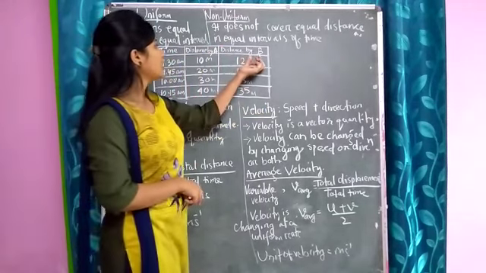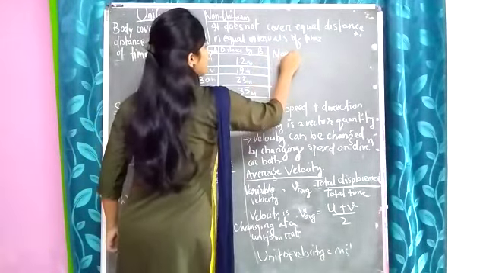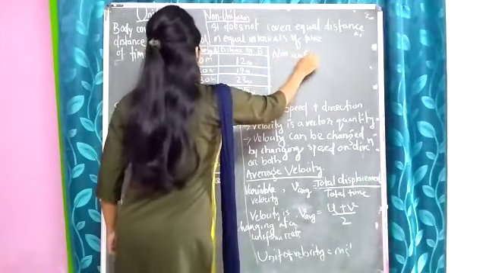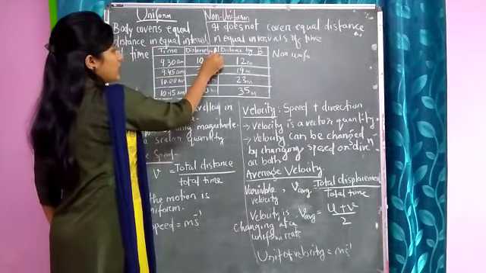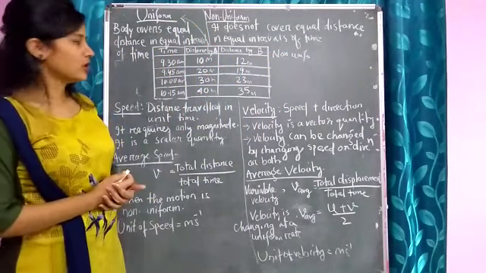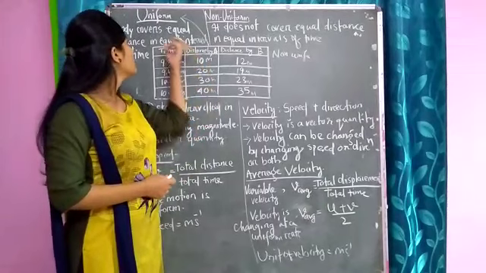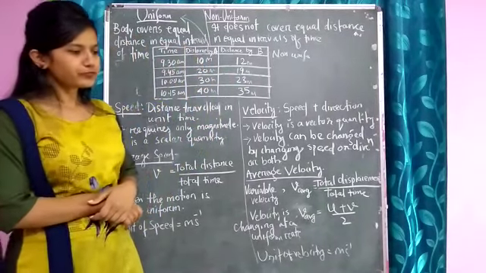So body B undergoes non-uniform motion, whereas body A undergoes uniform motion. This is the idea regarding uniform and non-uniform motion.